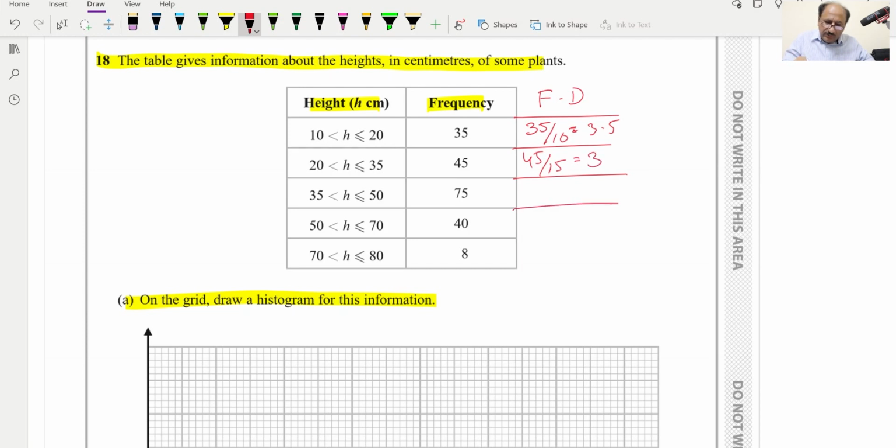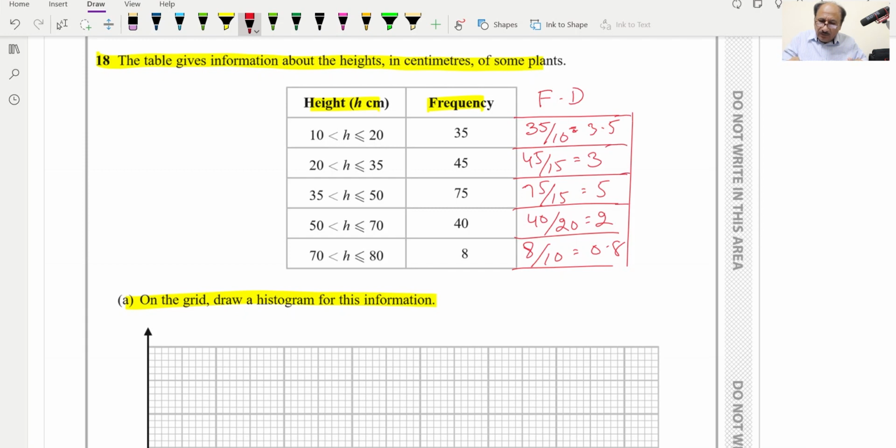The next one will be 75 divided by 15, which is equal to 5. Next will be 40 divided by 20, equal to 2, and similarly 8 divided by 10 will be equal to 0.8.